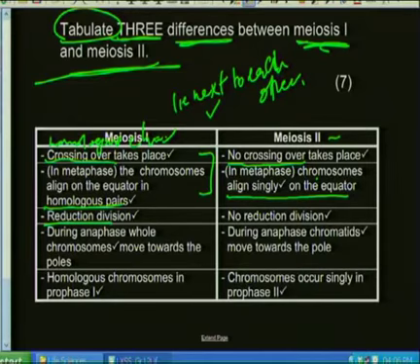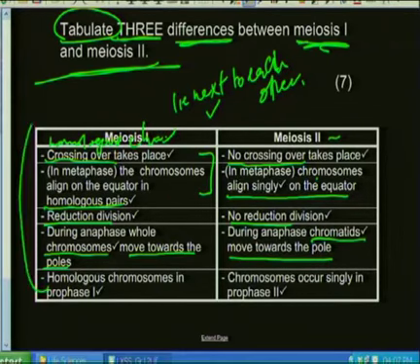Meiosis 2, there's no reduction there. In meiosis 1, whole chromosomes move towards opposite poles. In meiosis 2, chromatids move towards opposite poles. And that's what we were talking about there, prophase 1 and prophase 2, about homologous chromosomes.